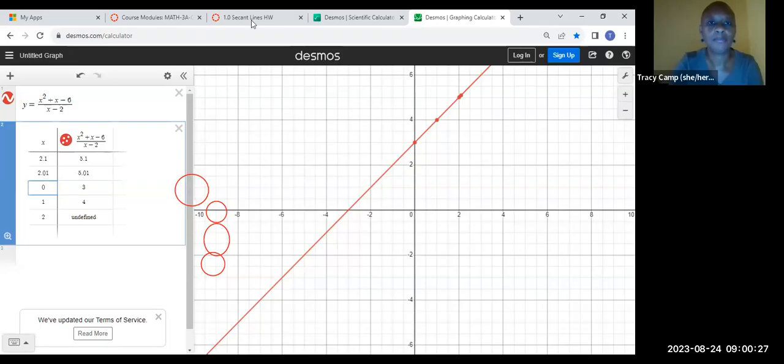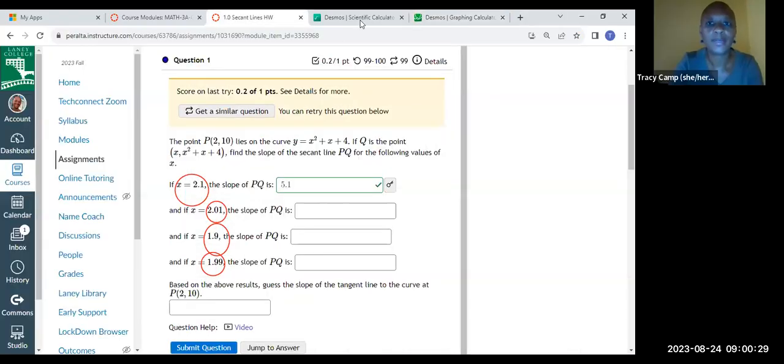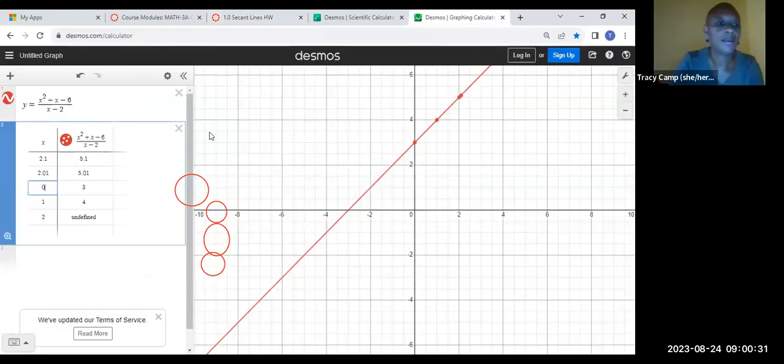What were the other numbers? 1.9 and 1.99. I'm entering these for x, 1.9 and then 1.99. And then we have the 2, which is basically what would happen if Q were equal to P. That's why it has undefined. So here are the answers.